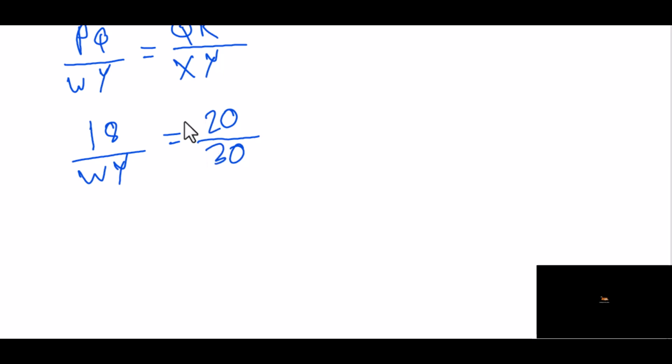Okay. From there we are now going to cross multiply. So when we multiply, we're going to have 20 WY, which is equal to, when we multiply 18 multiplied by 20, we're going to have 540.